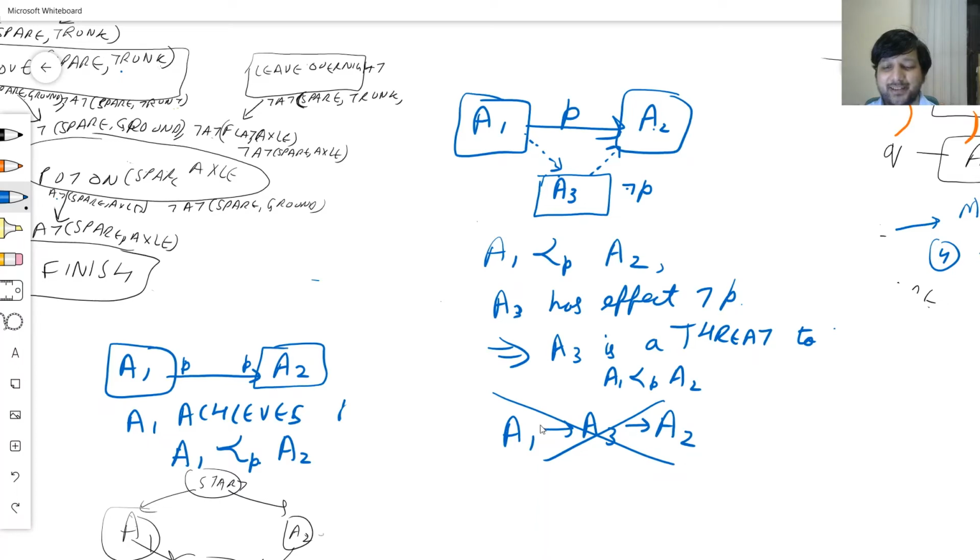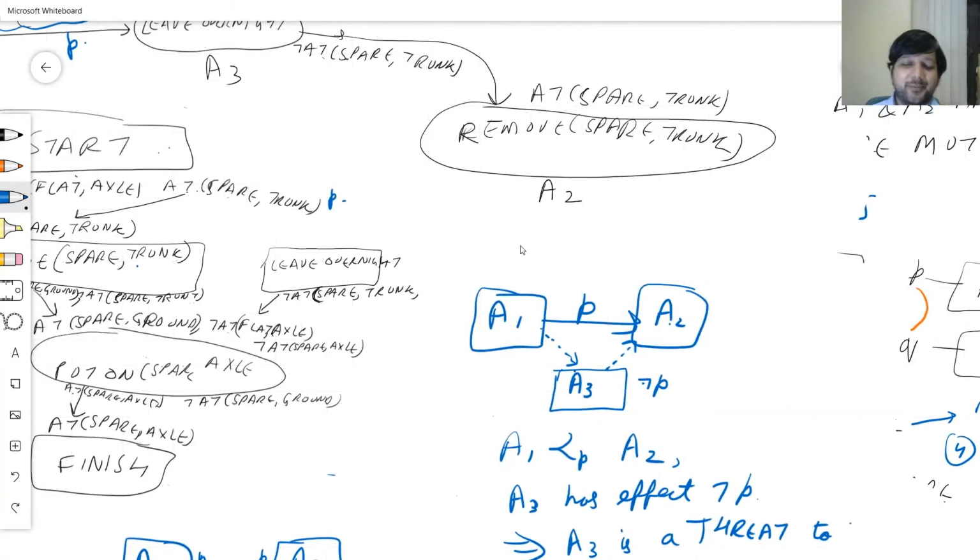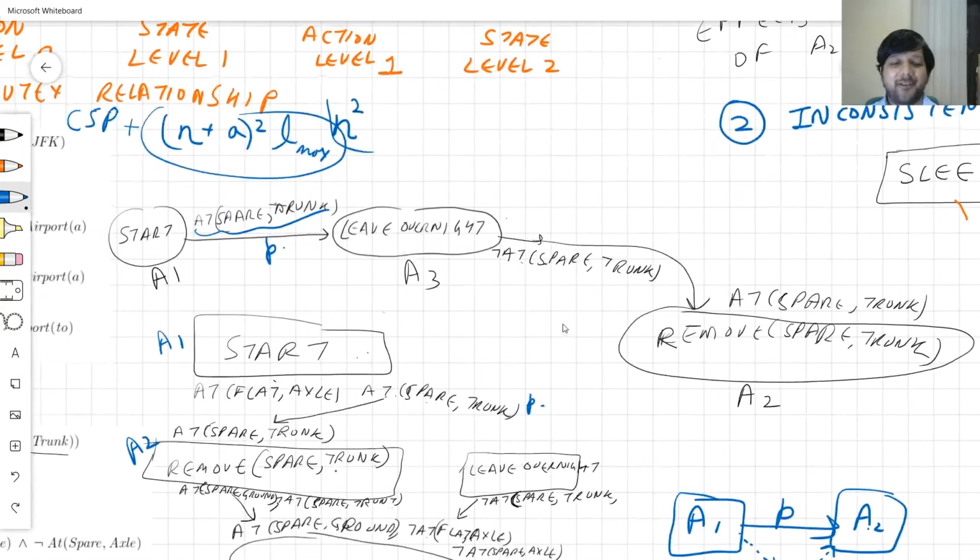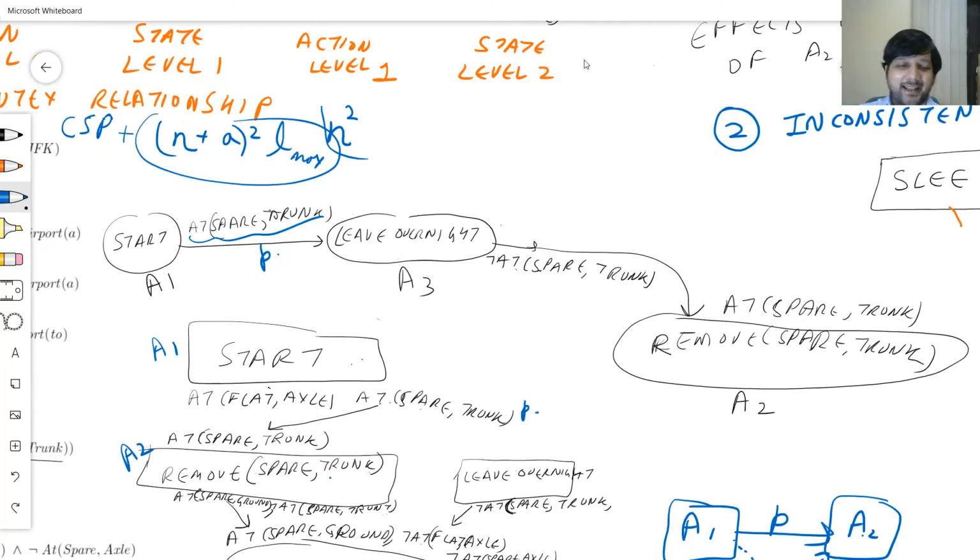We've looked at the text over here, A1, A3, A2 is not possible. We've looked at it in this small diagram, and we've also looked at it here: A1, A3, A2 is not possible.